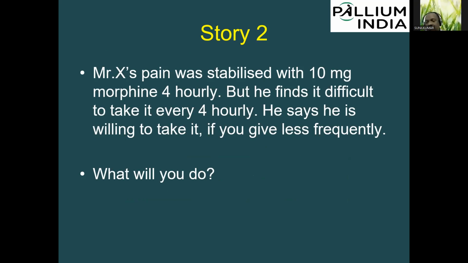As nurses, you have experienced this, because most patients, when you give tablets, will say, oh sister, there are so many tablets, how am I going to take this? There is a handful. So this patient is also like that. Every 4 hourly is very difficult for me. Now he says he's willing to take it if you give it less frequently. Do we have any option?